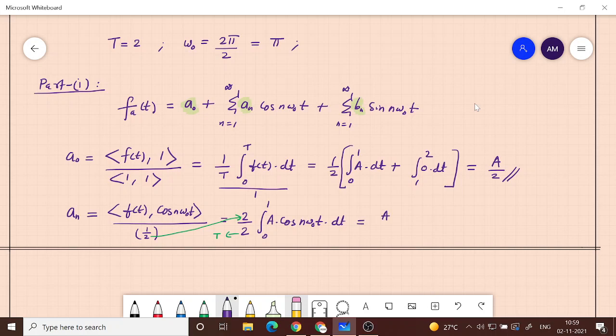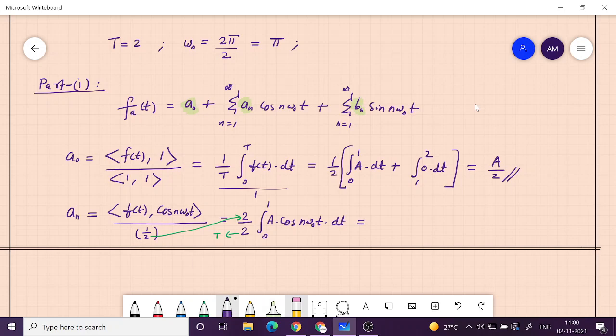A into the integral of cos n omega 0 t. What is that? I can substitute for omega naught also, it is pi. Let me write a few more steps so that it will be more clear.